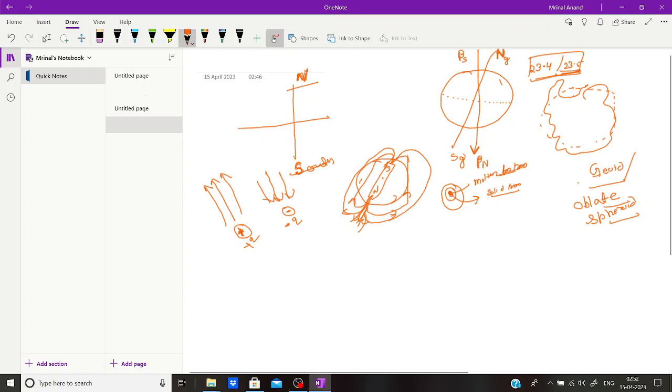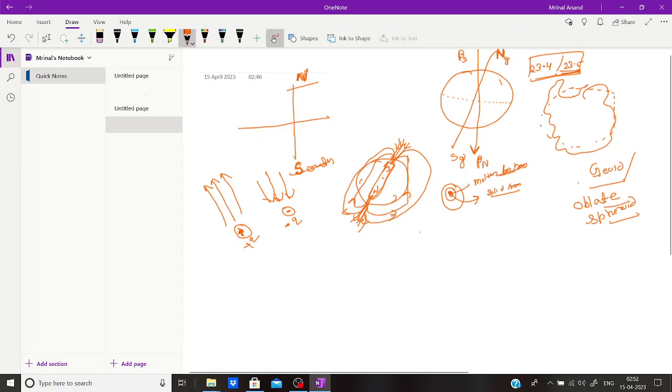Like this. This has the inward. Now the poles of the earth are acting like a dipole.